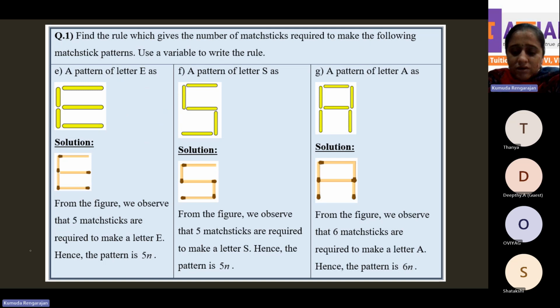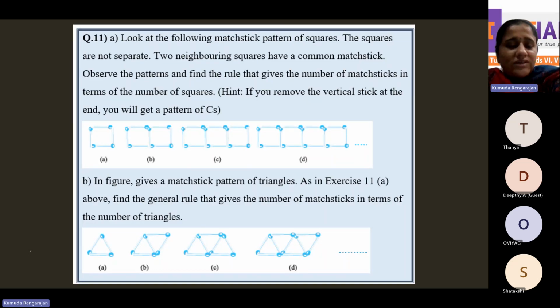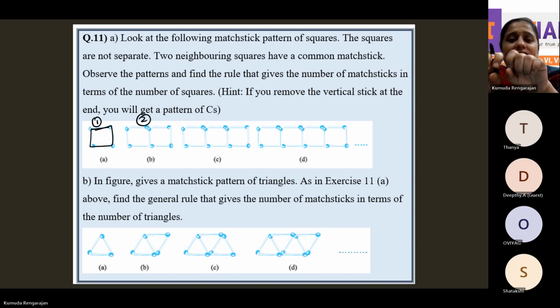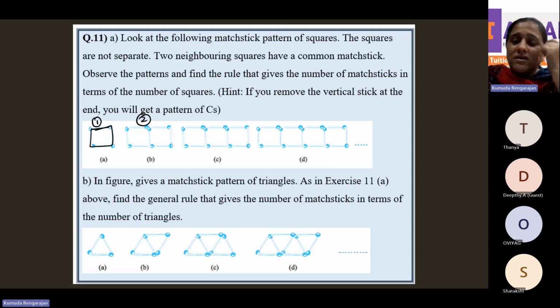But in this figure, matchsticks are used to make a square. 4 matchsticks are used to make a square. Here you see 1 square. Here you see 2 squares, but they are stuck to one another. They are not independent. When we constructed the letter patterns, we created rules for the letters to appear independently.